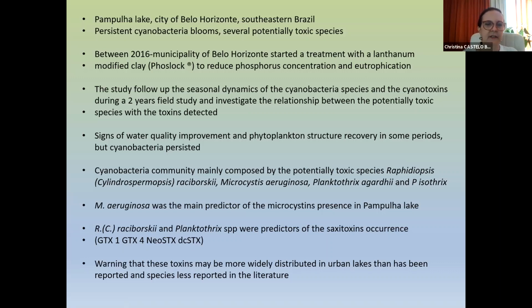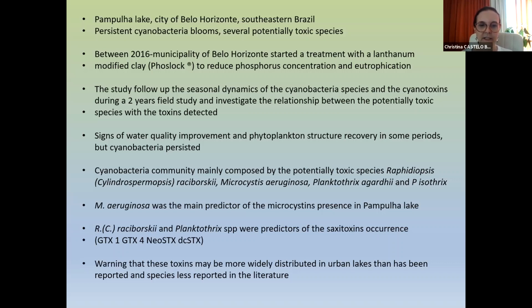In 2016, the municipality of Belo Horizonte started a treatment with lanthanum modified clay, Phoslock, to reduce phosphorus concentration and eutrophication. The study followed the seasonal dynamics of cyanobacteria species and the cyanotoxins during a 2 year field study, and investigated the relationship between the potentially toxic species and the toxins detected.